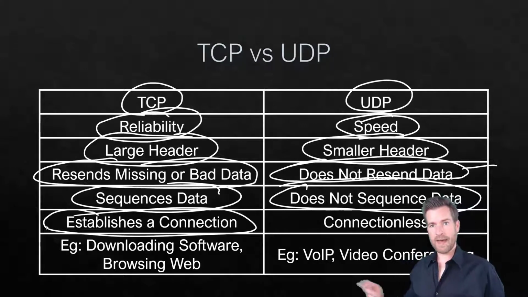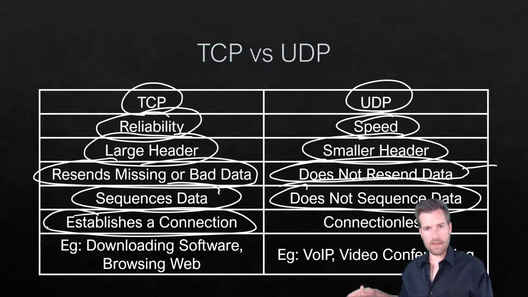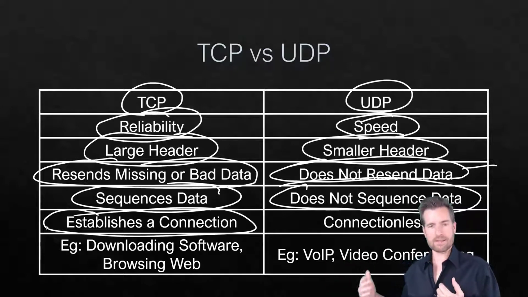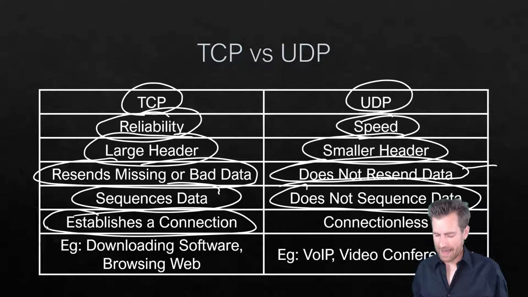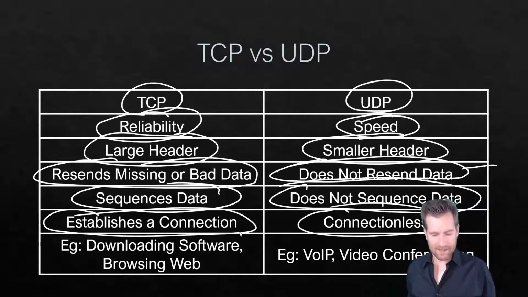There's a little back and forth sent to establish a connection and say, hey, I'm going to talk with you. Is that okay? Yeah, let's do this thing. Let's talk. Okay, I'm talking to you now. So there's this little exchange that sets up a conversation. UDP does not have that, so it's connectionless. It's just sending data, and the other side is going to have to accept it or not accept it.